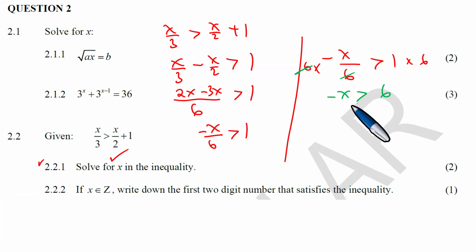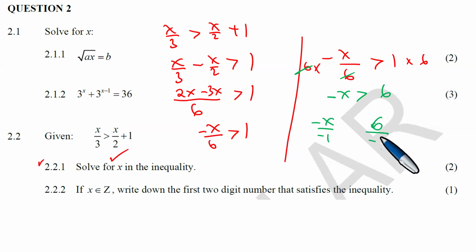We need x alone. There's still a minus x, and the examiner wants x alone, not minus x is greater than 6. So we divide both sides by -1.